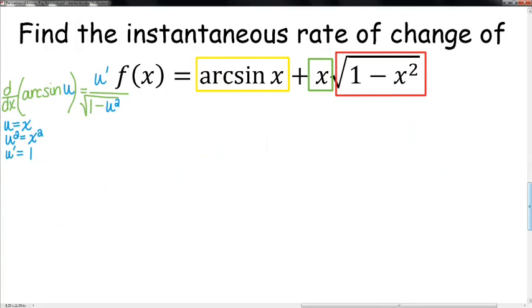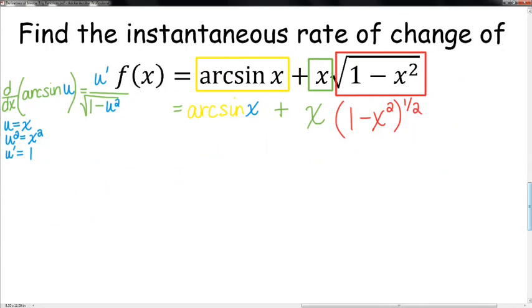So this is going to be equal to my arc sine of x plus my first, which is x, times my second, which I'm going to put in power form, so we raise to the 1/2. And so now I'm ready to take my derivative.